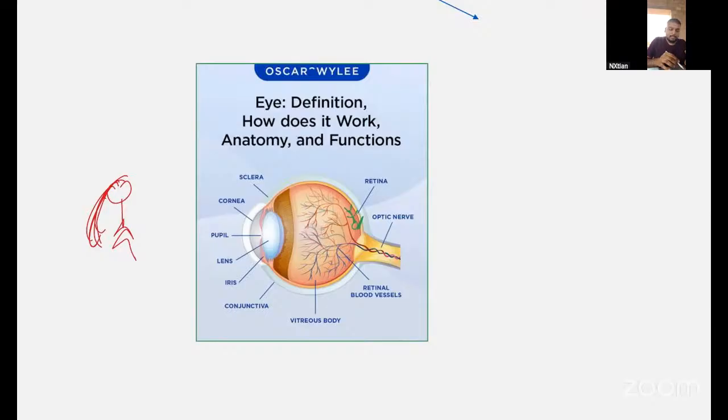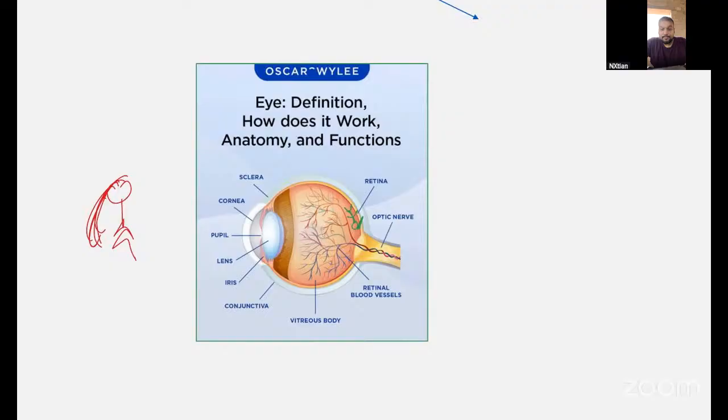For example, if I'm getting Agatha's image on the retina, then I can see Agatha clearly, crystal clear. But if I get Agatha's image behind my retina or in front of the retina like this, then I'm not able to see Agatha.